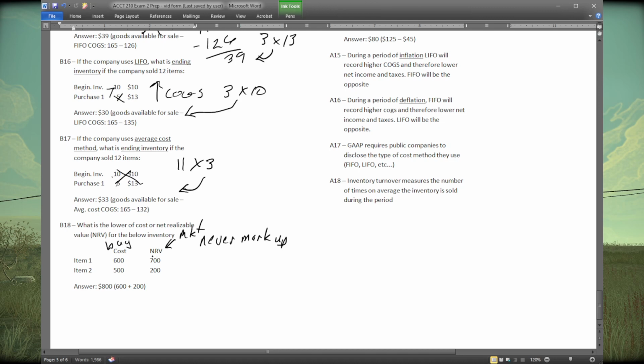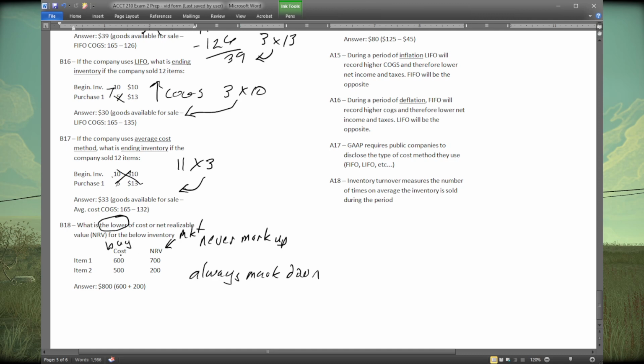We buy at cost, and if later on the market says it's worth more, we never mark up. But if later on the market says it's gone down in value, we always mark it down. So literally what we're saying is whichever value is lower, the original cost or the net realizable value, is the one we're going to use.